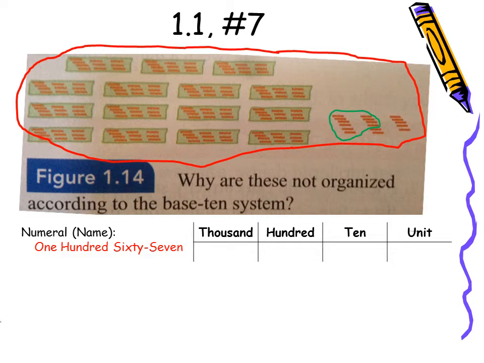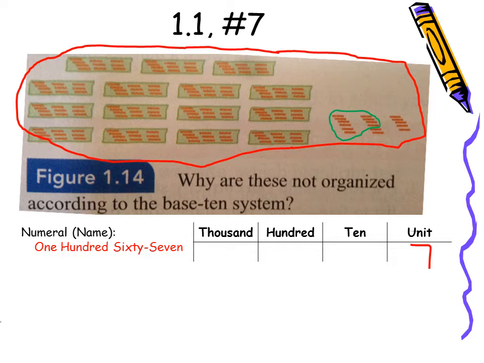So now we actually have 7 units left over, which we can write in because that's less than 10 groups, and 7 is a digit that we can use to represent the units.